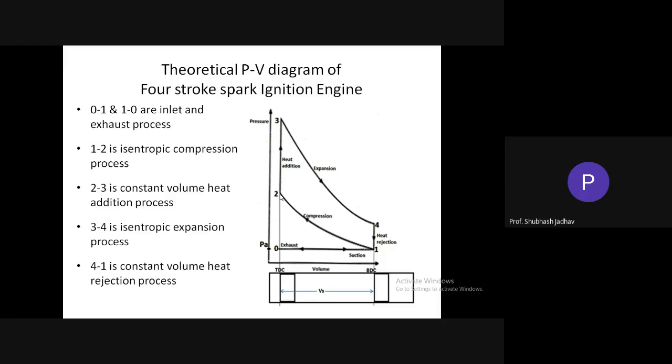Why? Because the fuel in the form of vapor, which was there in the air-fuel mixture, is now getting burned, and due to the chemical reaction, this fuel vapor is being converted into different gases. And now suddenly the pressure has increased, and this is happening instantaneously. Instantaneously means without any time, or a very short, negligible amount of time.